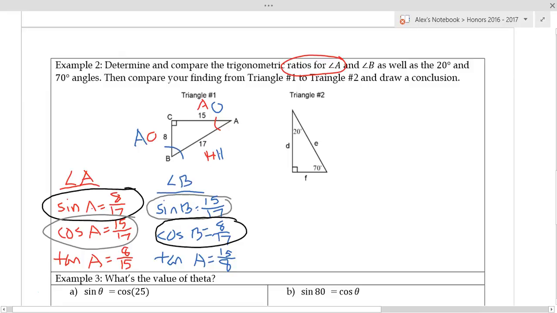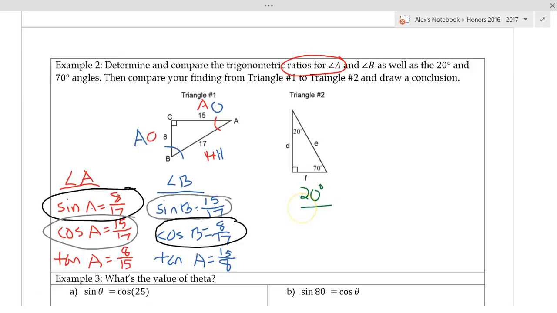let's look at my 20 degree angle. The sine of 20 degrees, well, I have opposite, adjacent, hypotenuse. So the sine of 20 degrees equals f over e.